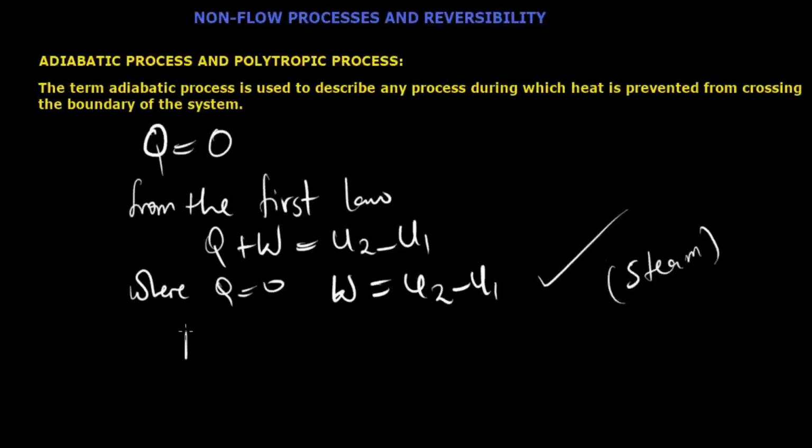And also W will be equal to mCv (T2 minus T1), just like the constant volume process. There it was the Q, that was U2 minus U1, but now since Q is 0, it's now W, that will be mCv (T2 minus T1).